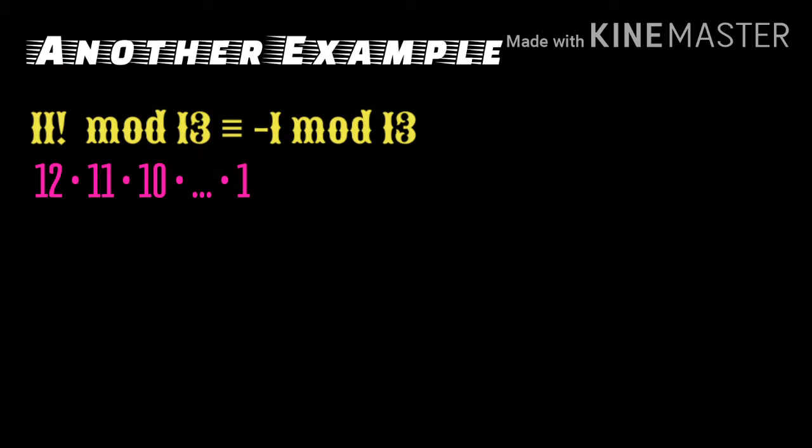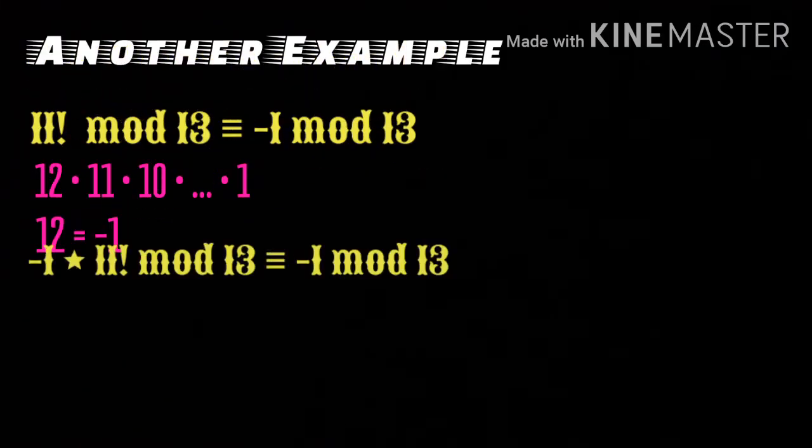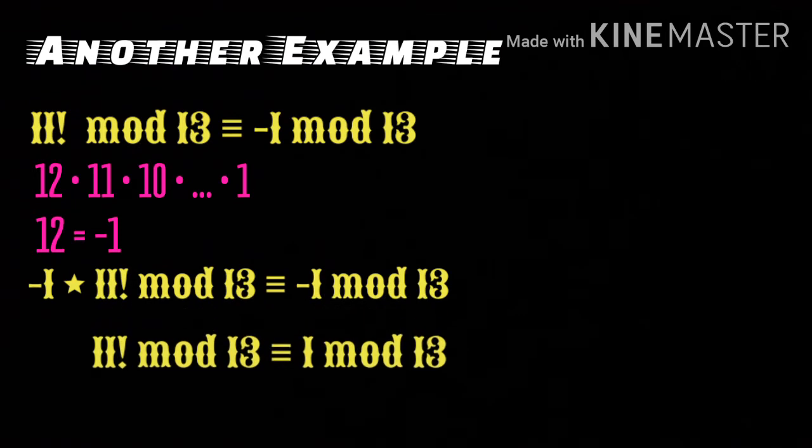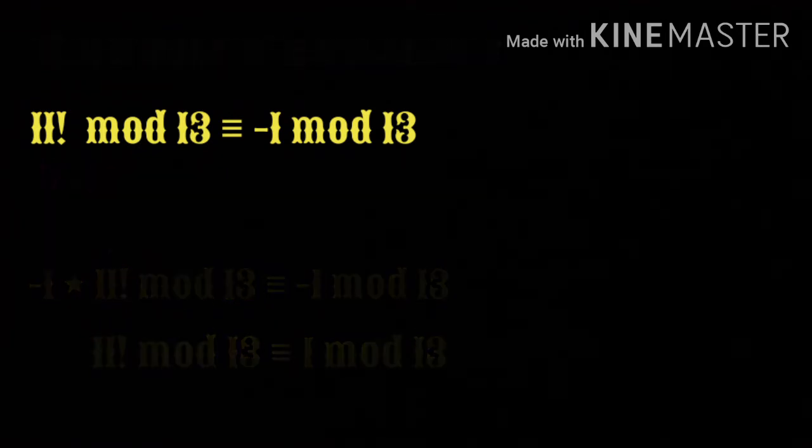From our general formula, we can say that 12 is equal to negative 1, so we can replace 12 with negative 1. So now we have negative 1 times 11 factorial mod 13 is congruent to negative 1 mod 13. Divide both sides by negative 1. We now have 11 factorial mod 13 is congruent to 1 mod 13.